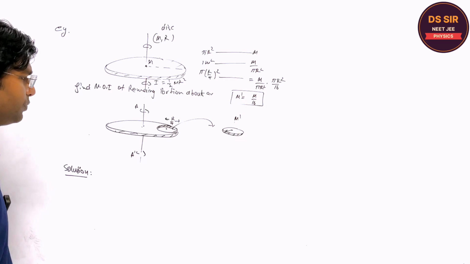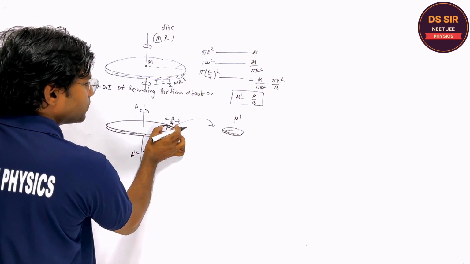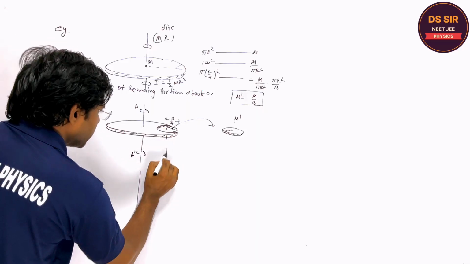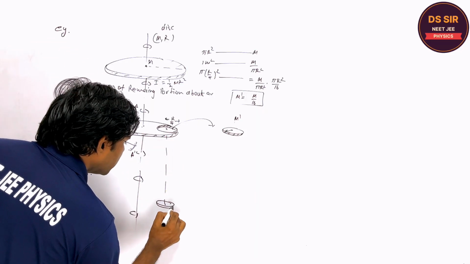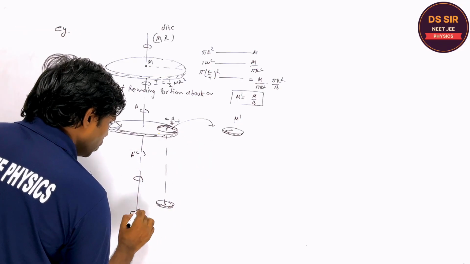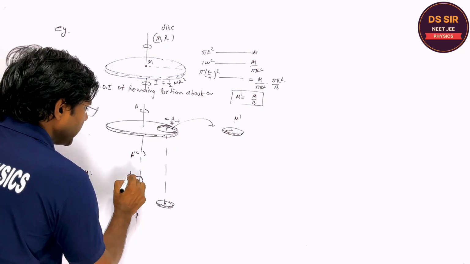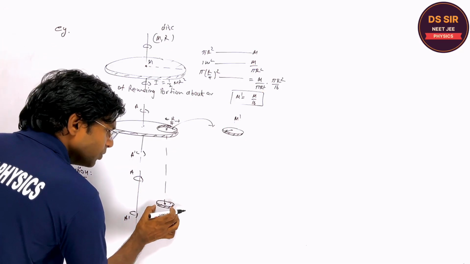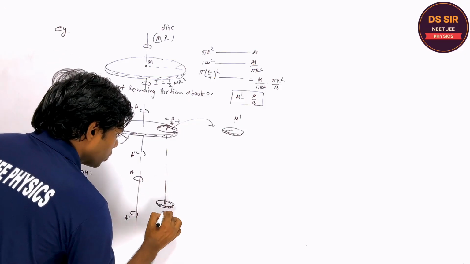You tell. So you have to subtract the moment of inertia of this portion which is removed. Listen one thing. If this is the axis of rotation and it was the disk which is removed from here, so if it is the center of mass of the disk, can you find the moment of inertia of this removed portion about this axis? Yes, using the parallel axis theorem.